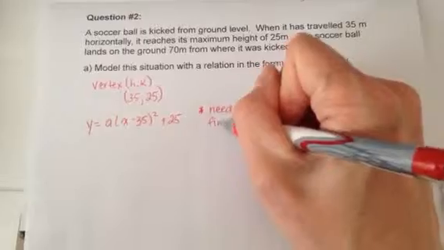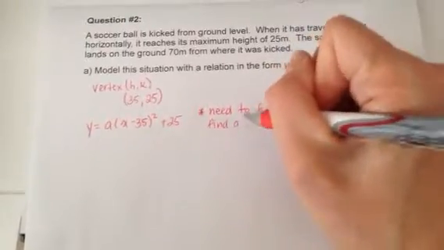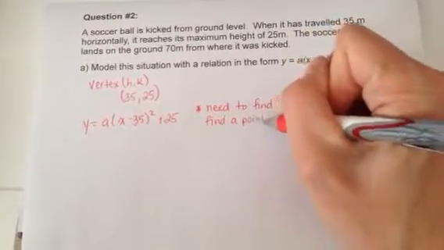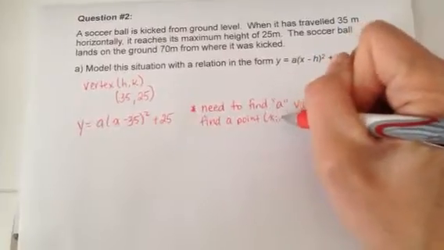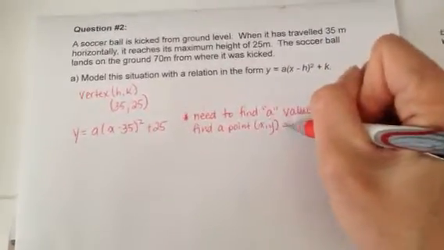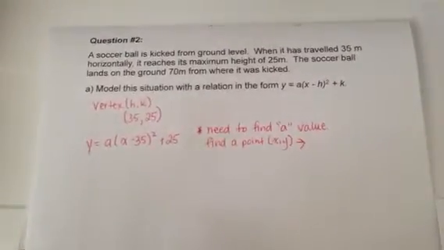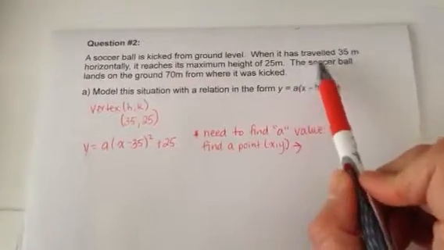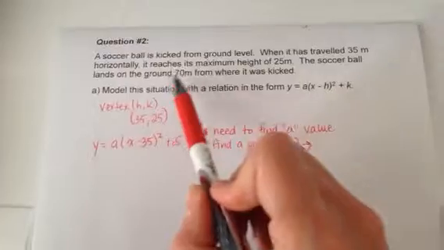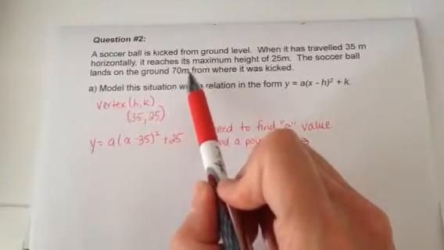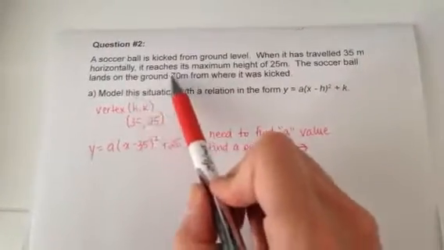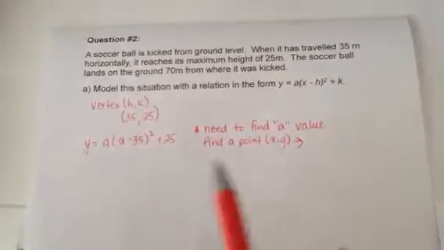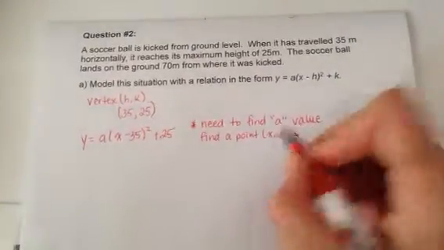So find a point (x, y). In our question, it gives us another piece of information. It says the soccer ball lands on the ground 70 meters from where it was kicked. So the 70 meters is our horizontal distance, which means it's our x value.